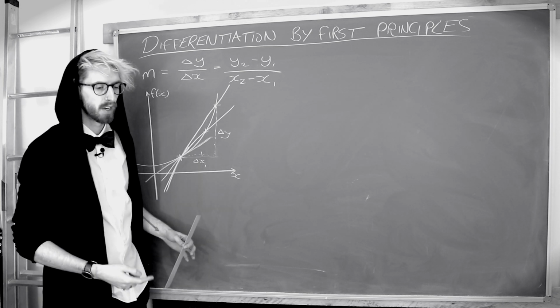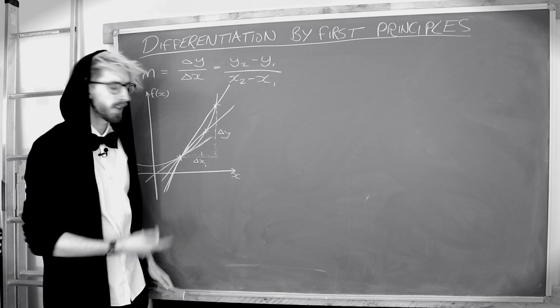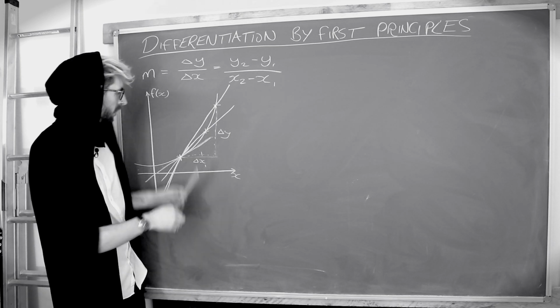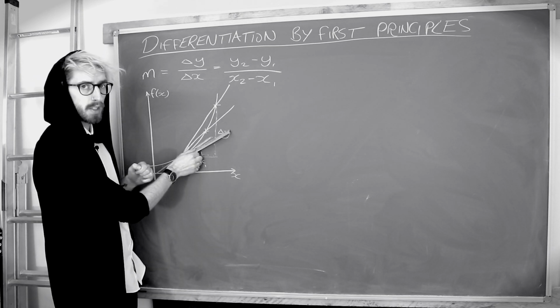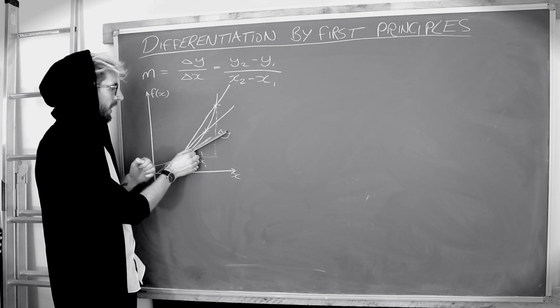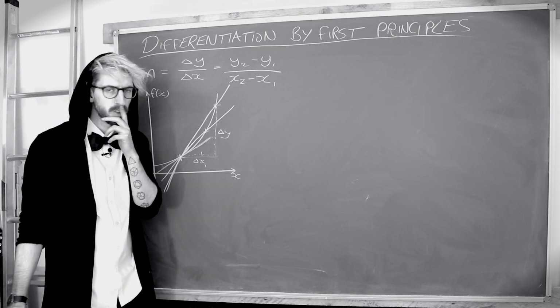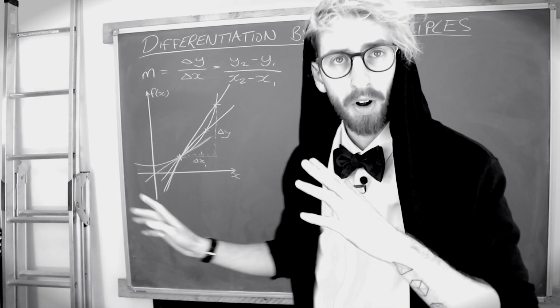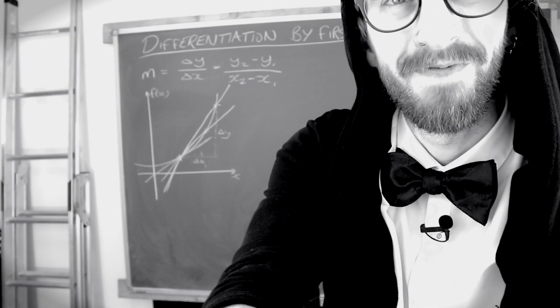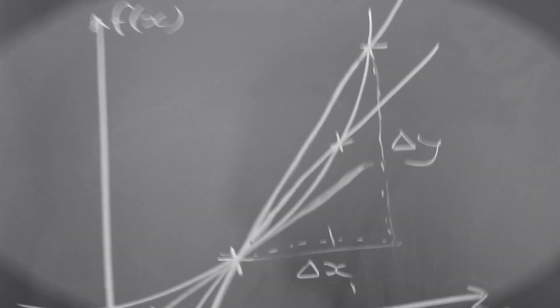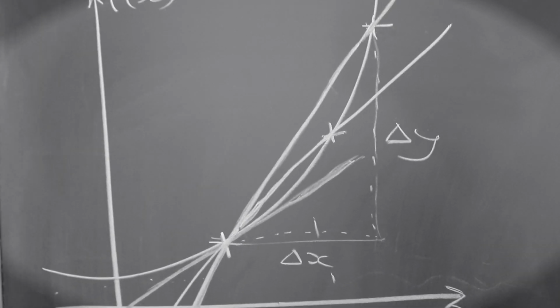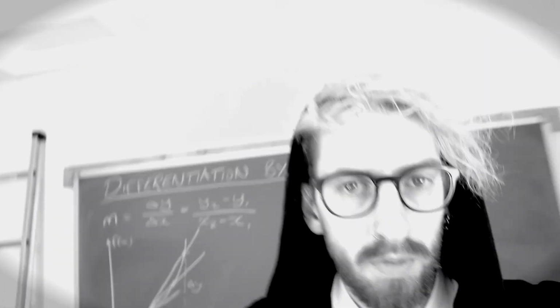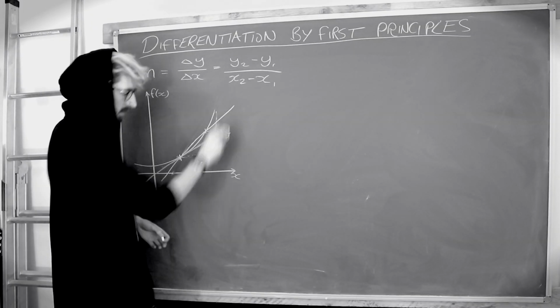The gradient from there to there is much nearer than from there to there, but it's still not right. Just before I remove this, make sure you've had a good look at it.